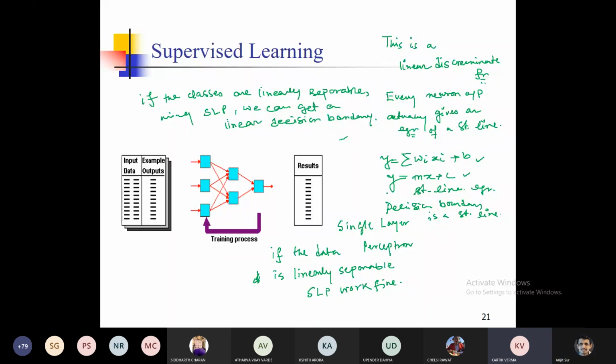Okay, so this is a single straight line. So unless otherwise, if the things are linearly distributed, linearly separable, then this SLP will work. Okay.